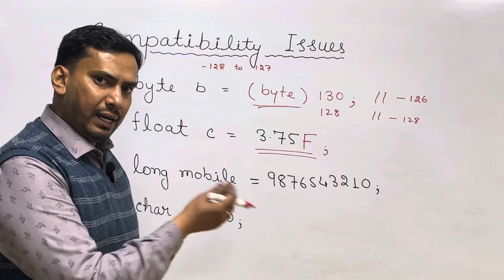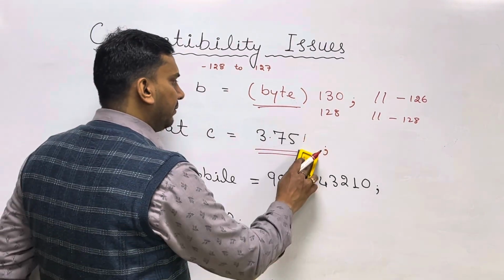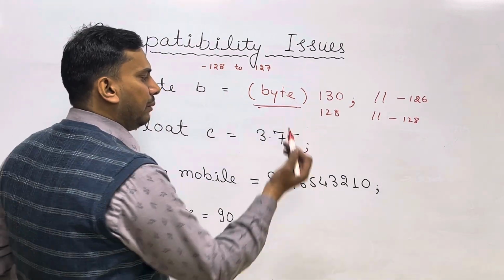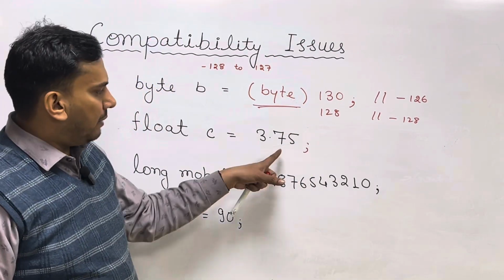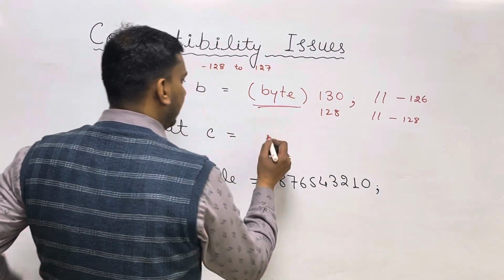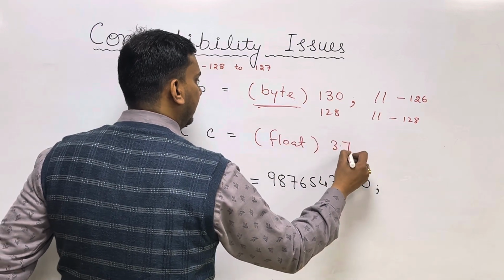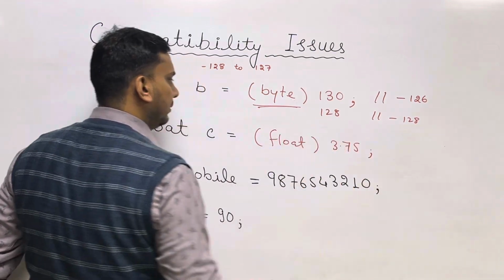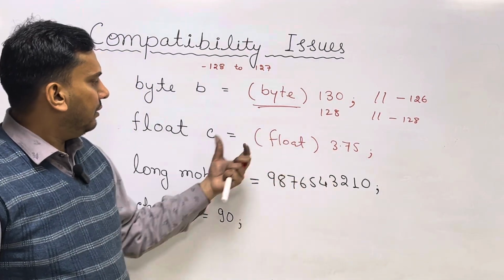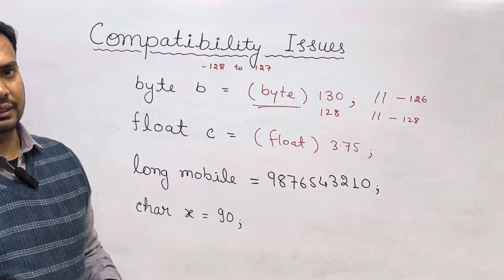If you are doing it hard coded, you can do like this, but if you are receiving some value from somewhere, you have to do the narrowing, because double to float is narrowing. It means you will be writing like this, narrowing in float 3.75. So, this is the rule for type conversion and adjusting the compatibility in the case of float data type.